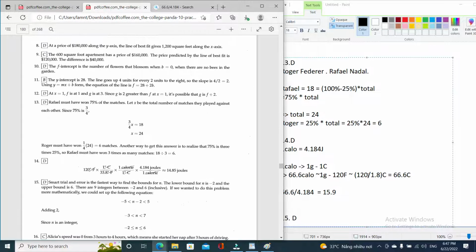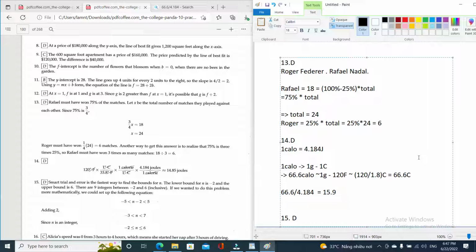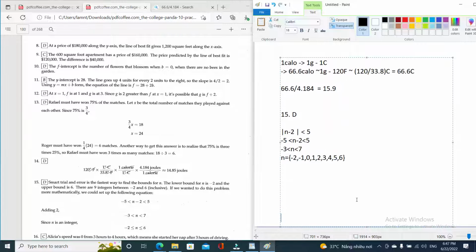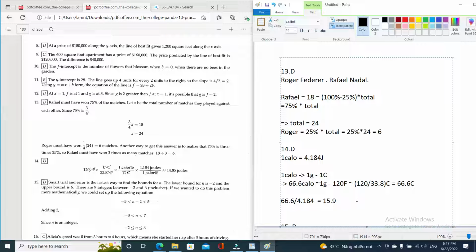Sorry, that's 33.8. Then calorie to C, and then joule to calorie, and just cross it out. But 14 is actually D, and 15 is also D, so that's correct. Even though I did it by intuition, it's still correct.